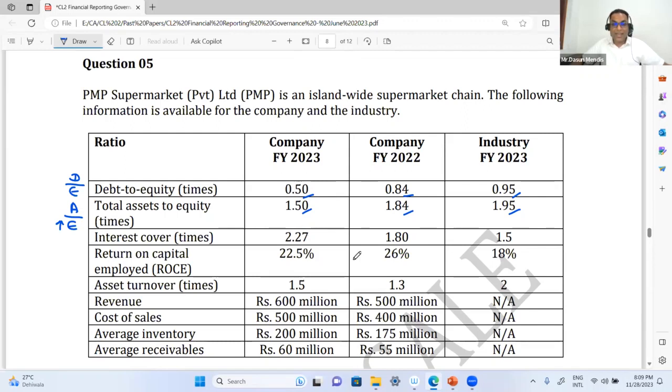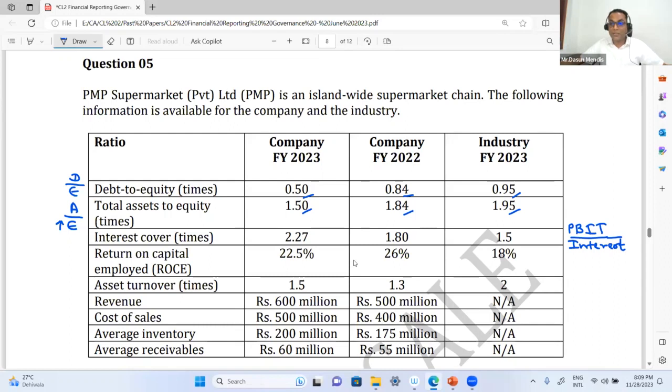So because of that, what has happened? Interest cover ratio has gone up. How to calculate interest cover ratio? What do we mean by interest cover ratio? EBIT divided by interest. So how many times can you pay your interest by using the profit before interest and tax?